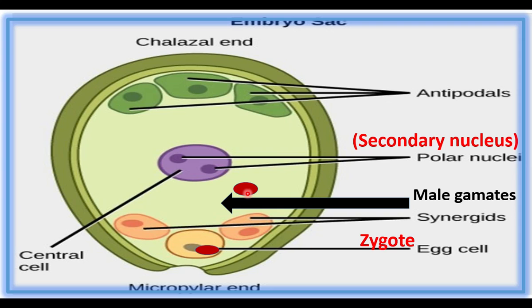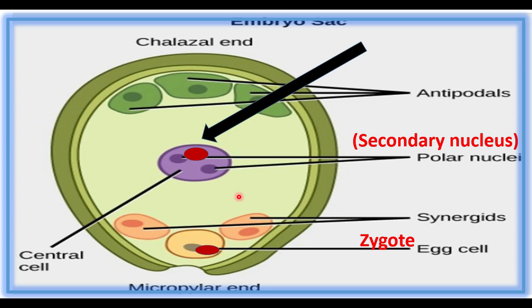The second male gamete fertilizes the secondary nucleus. The end product is 3N, triploid. It has three sets of chromosomes. This structure is called the endosperm nucleus.